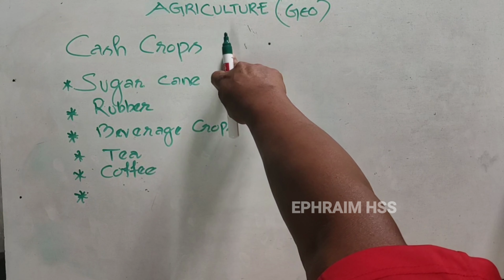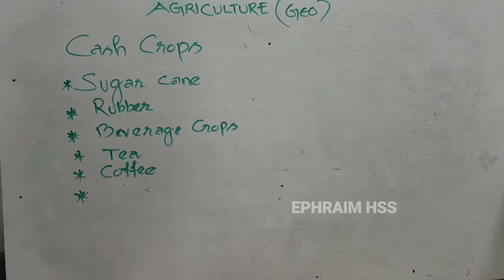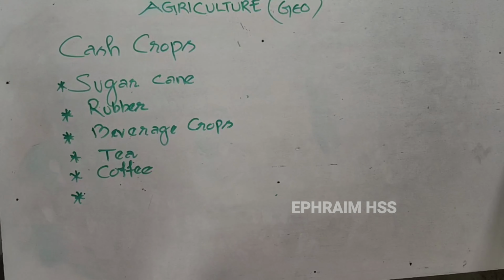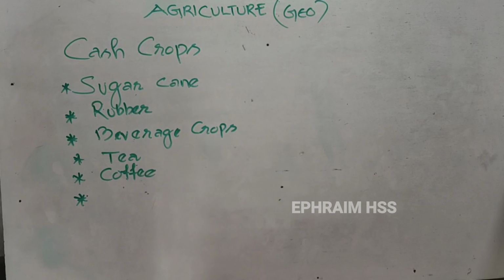Cash crops. Crops that are primarily grown as raw materials for industries are known as commercial or cash crops, and they're usually grown on plantations as they play a significant role in the economy of the country, provide raw materials for several industries, and earn valuable foreign exchange.